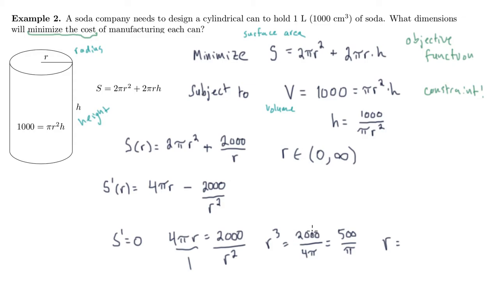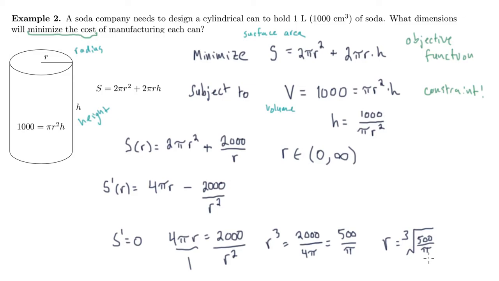If it was r squared, we would have two values, and one of them would be negative. But here we're really just getting one real answer, and that's the cube root of 500 over pi.